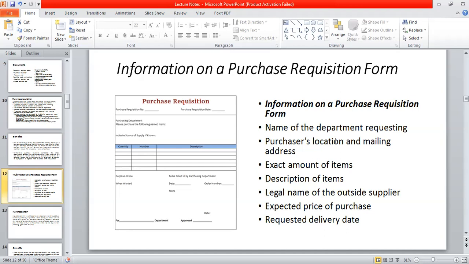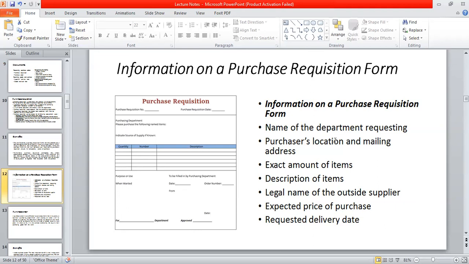The different information which is required on a basic purchase requisition under normal circumstances: the name of the department making the request, or the purchasing unit, the purchaser's location and mailing address, the amount of items, the description of the items, the name of the outside supplier if they know the supplier of that specific item.